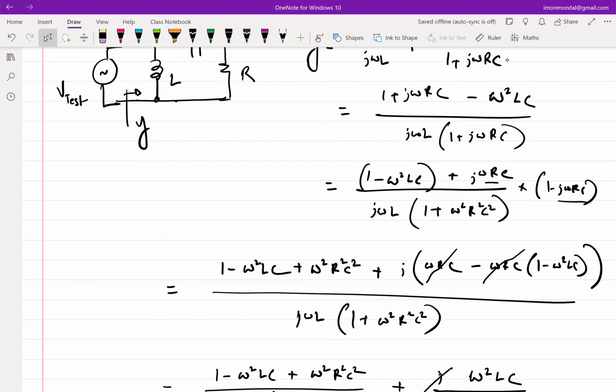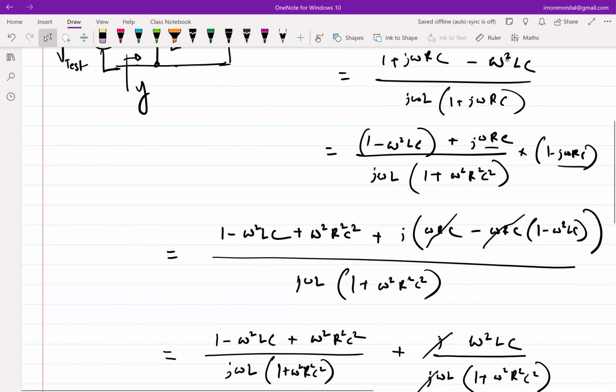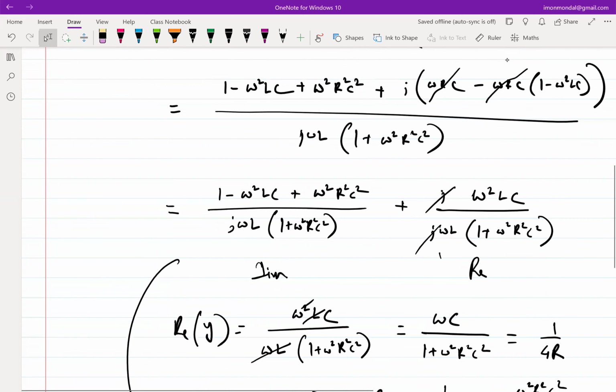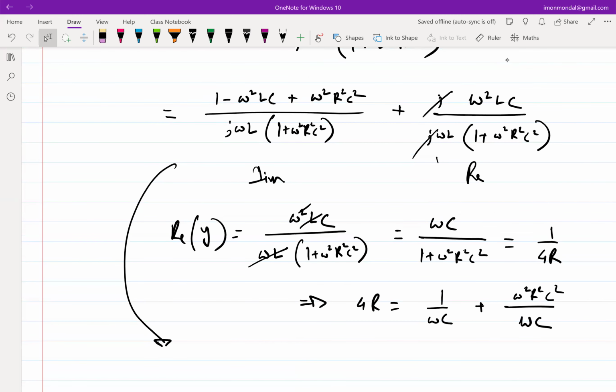So plus j omega C by 1 plus j omega C is fine. So this 1 minus goes there, that goes here. Imaginary. So okay, so far so good. Okay, fine.